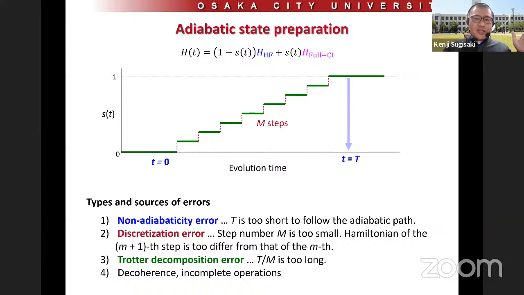So there are two reasons. One is the Trotter decomposition error, because the Trotter decomposition error increases if the evolution time for each Trotter step is long. And another error arises from the discretization.